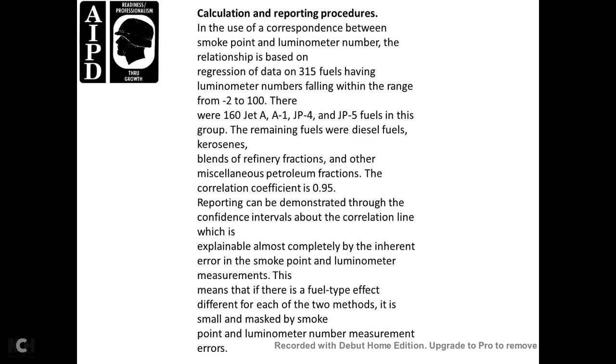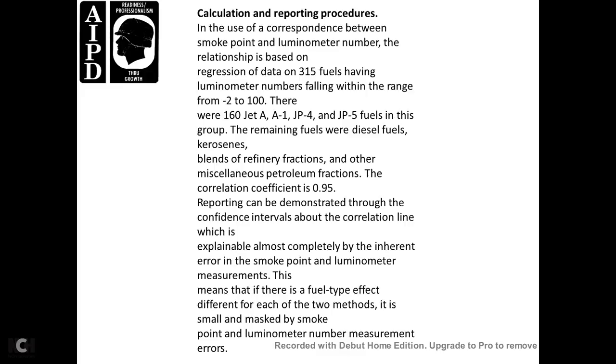Calculation and reporting procedure: use the correspondence between the smoke point and the illuminance number. The relationship is based on the regression of data from 315 fuels having illuminance numbers in the range from -2 to 100. Of these, 160 are jet fuel A or A1, JP4, JP5 fuels. The remaining fuels are diesel fuels, kerosene blending with refinery fractions, and other miscellaneous petroleum fractions.